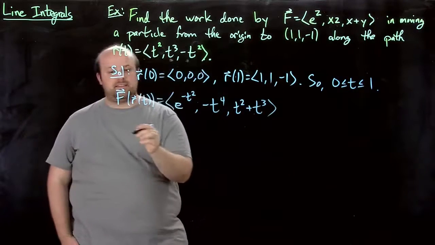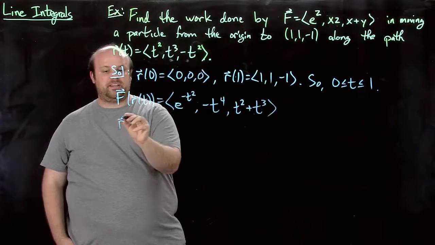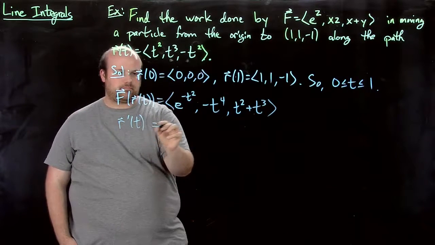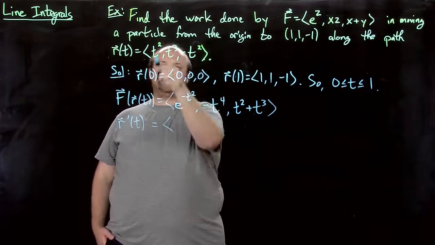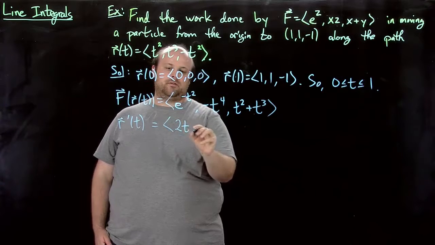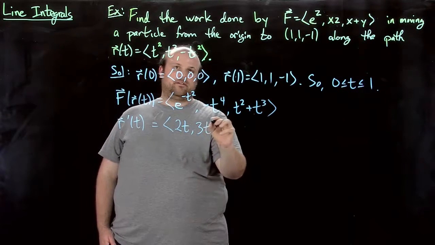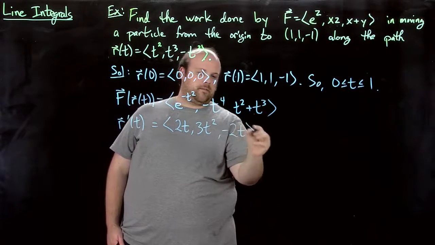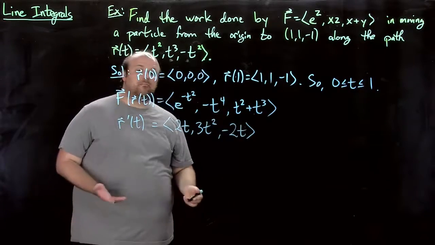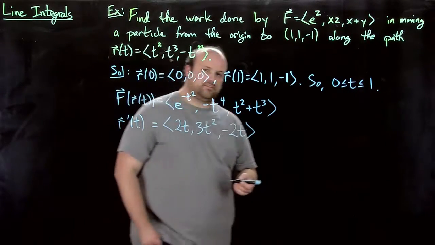Then we need r prime of t, which is going to be 2t, 3t squared, and negative 2t. And then what we really need is the dot product of those.